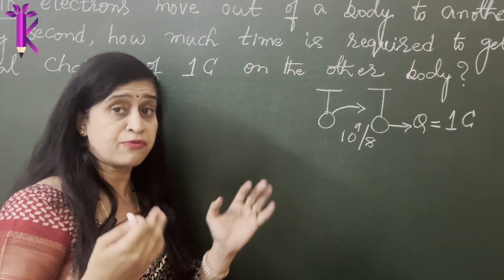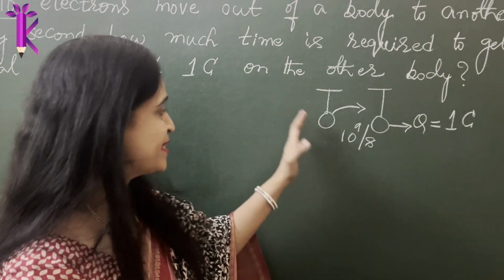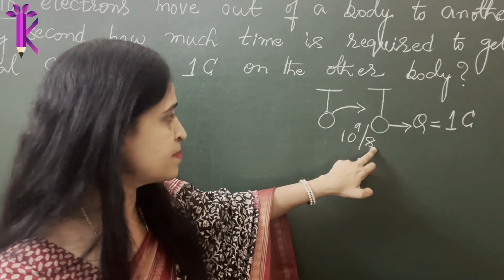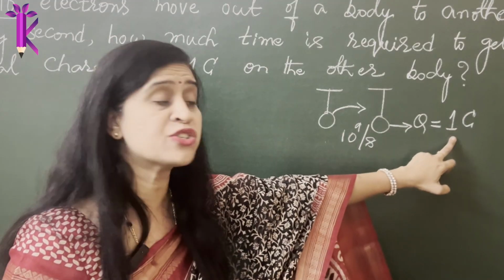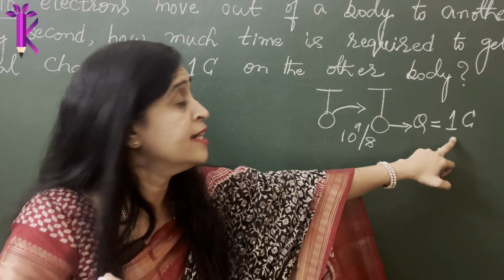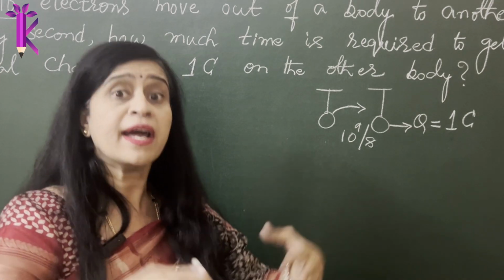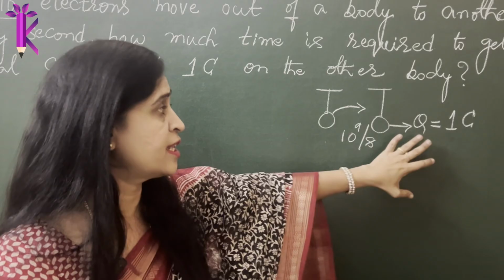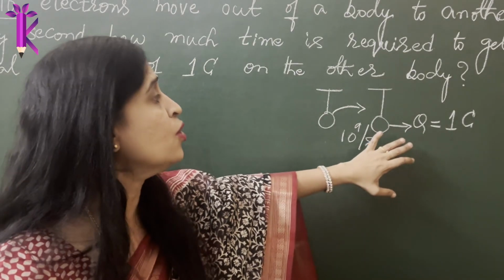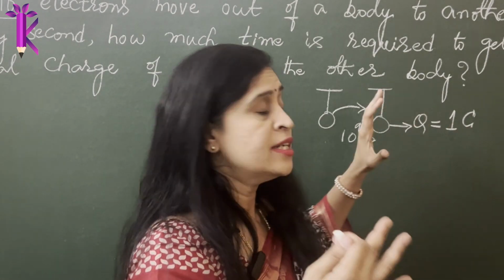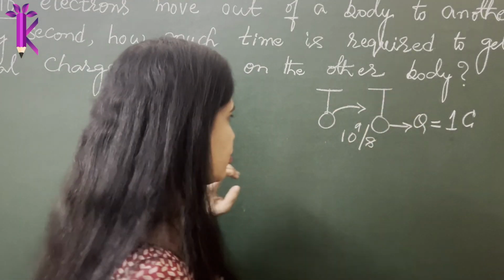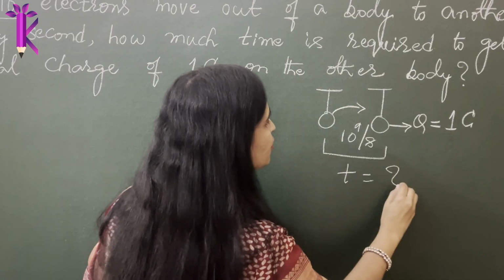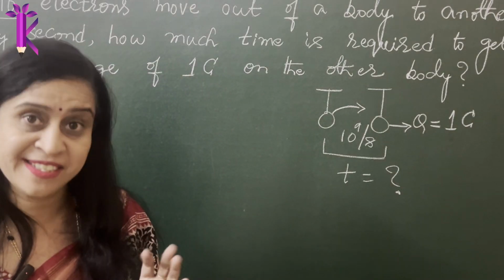If this body is losing more than a billion electrons per second, and it needs to be charged to 1 coulomb, obviously 1 coulomb must be a very huge charge, because this amount of electrons transferring every second is not enough. So in order to charge it to 1 coulomb, what is the time that you would require is the question.